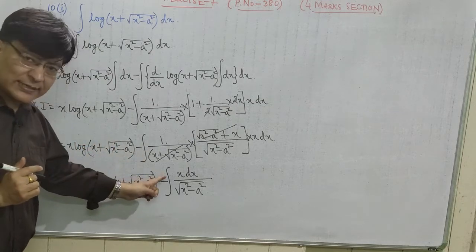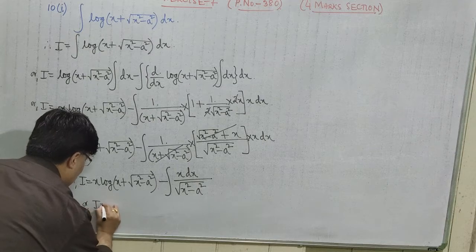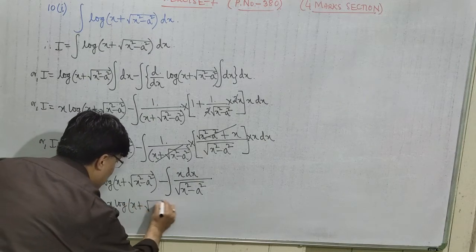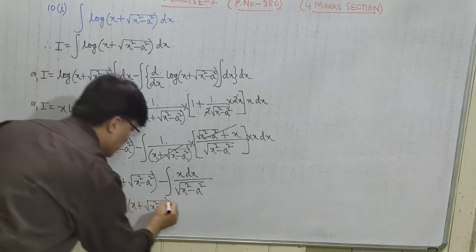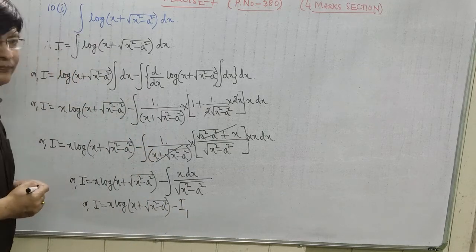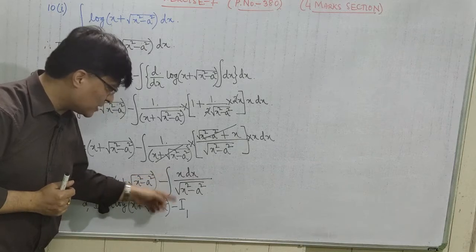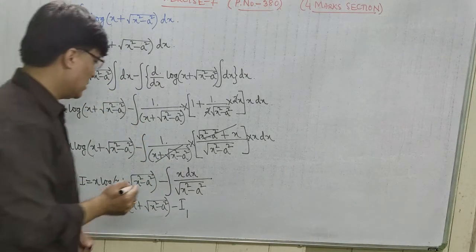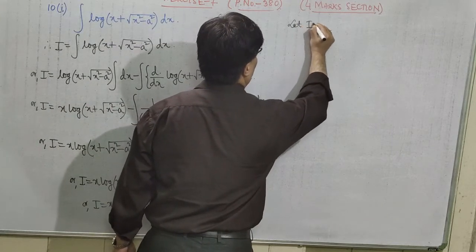So we can write it as I1, or I is equal to x log of, within bracket, x plus root over x square minus a square minus, this is your I1. Okay, so let us write down this integration as I1. So let us evaluate I1 now. Let, what is I1 here?